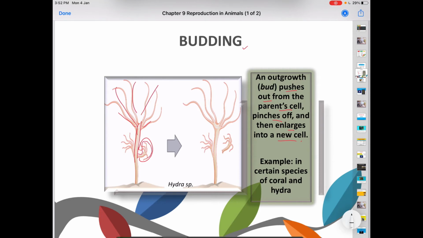There is a formation of a bud or an outgrowth that extends outward. This bud is visible from the external. Later, it will be pinched off, and it can grow into a new cell. The example of an organism that does budding is Hydra.